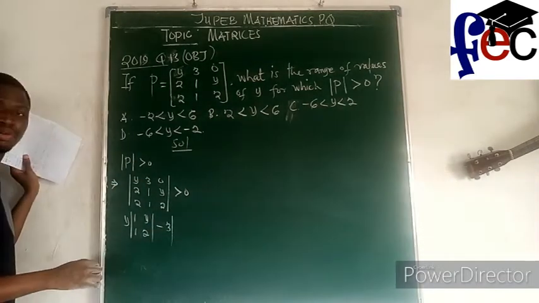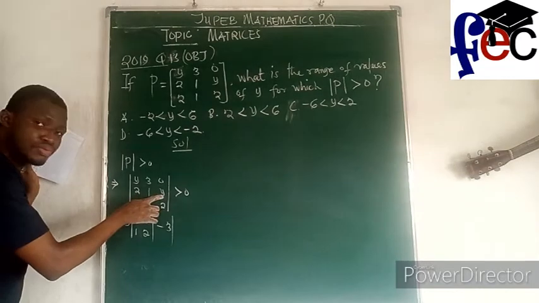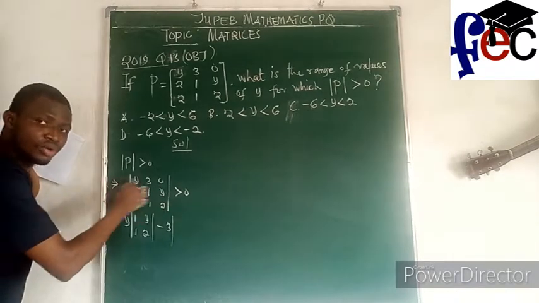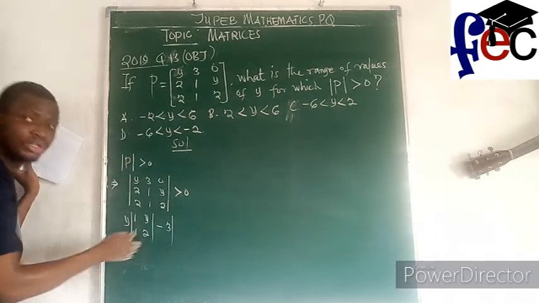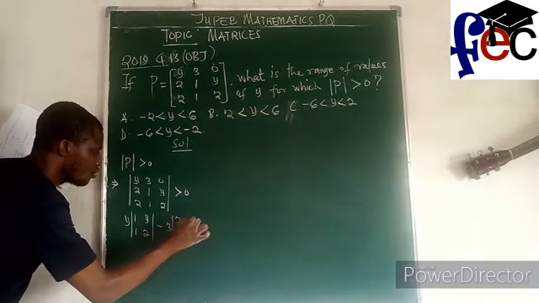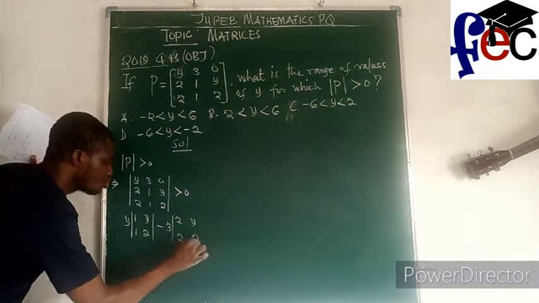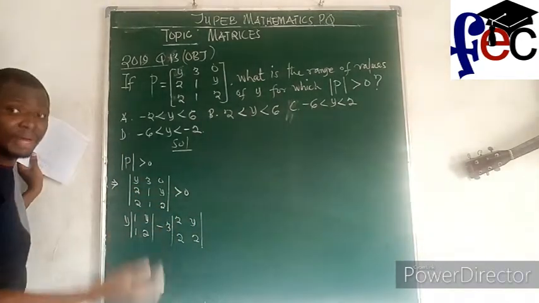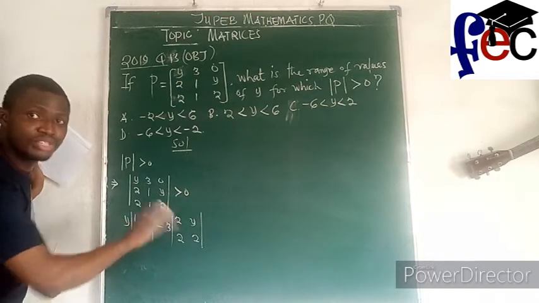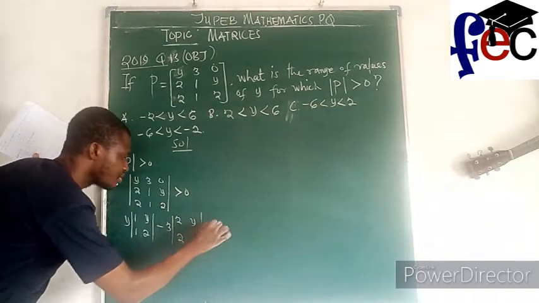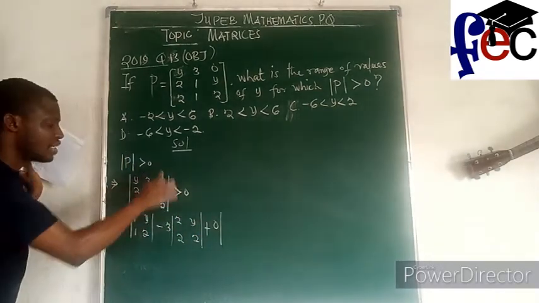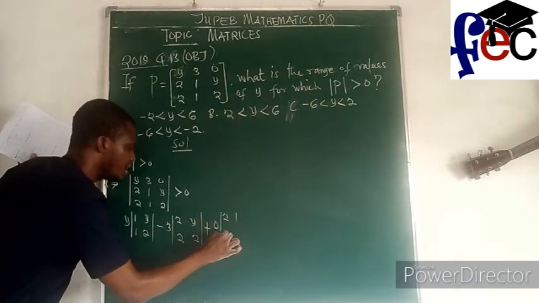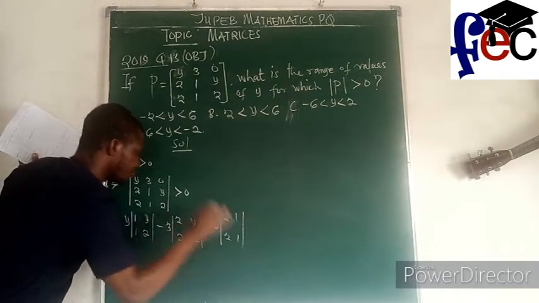Then the matrix will be 2, y, 2, 2 when you close up the row and the column of 3. Then the third one, just for formality, that's why we are writing it, but I know it will be 0. Plus 0, close up the row and the column, you see 2, 1, 2, 1.